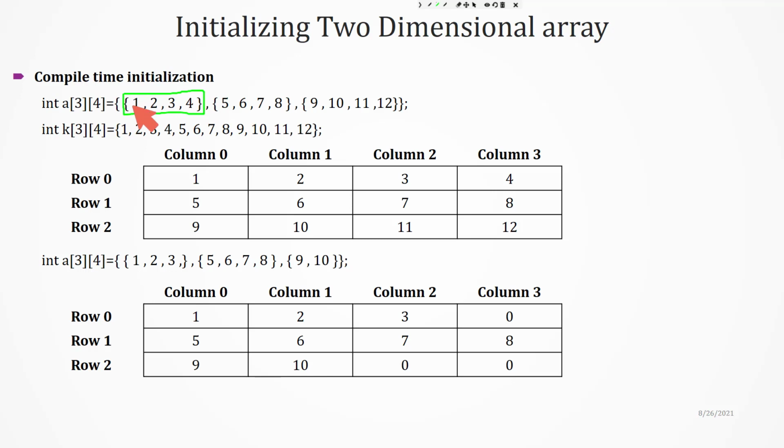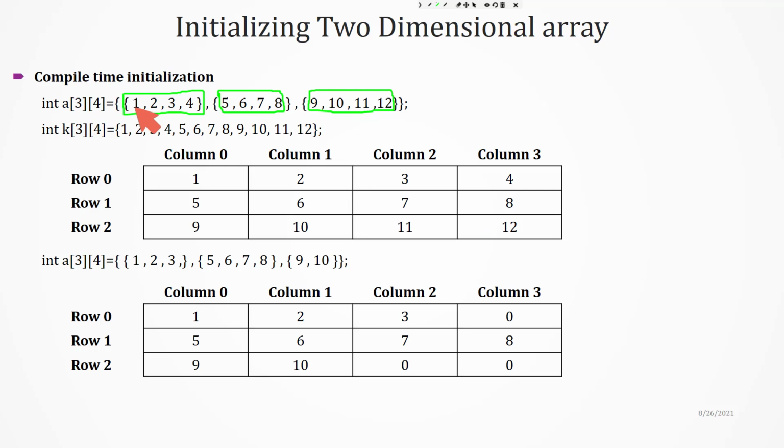So this will be the first row. The 5, 6, 7, 8 are written within the second curly braces, so it will be the second row. Similarly, 9, 10, 11, 12 are in the third row.